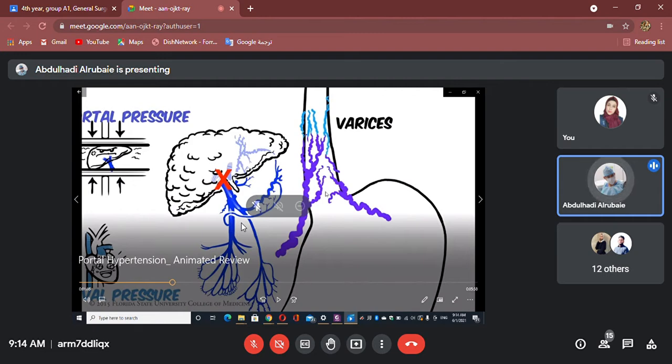Here, of course, esophageal varices, through the communication between the left gastric vein and azygous vein.